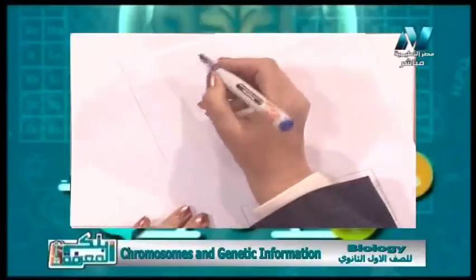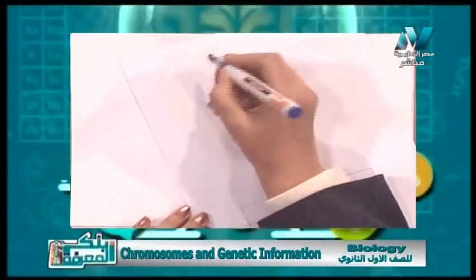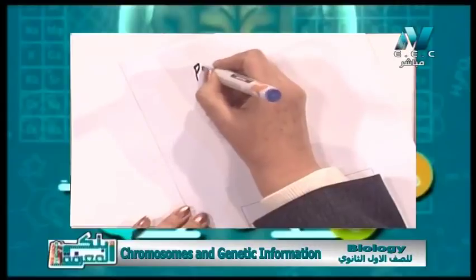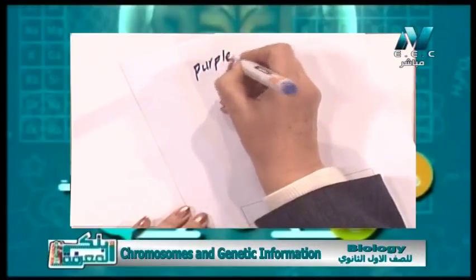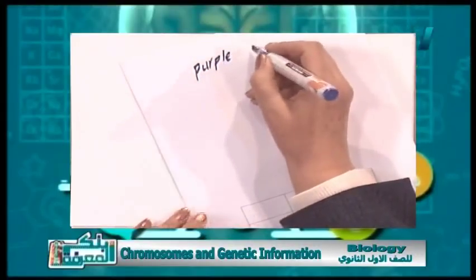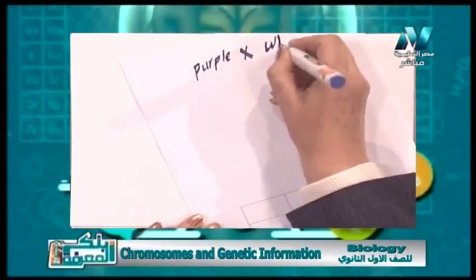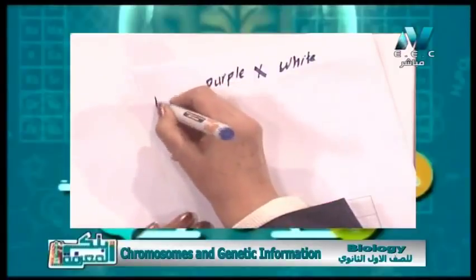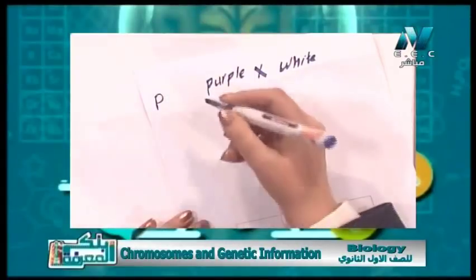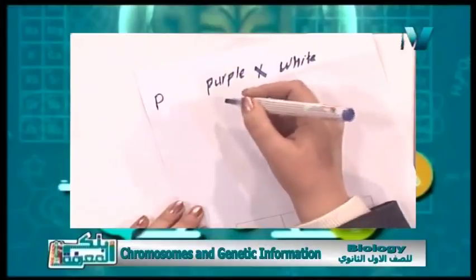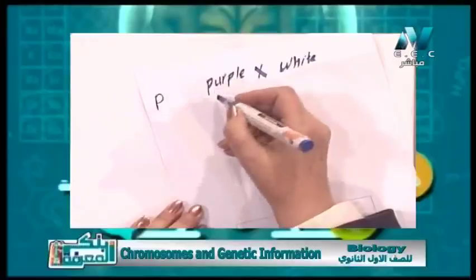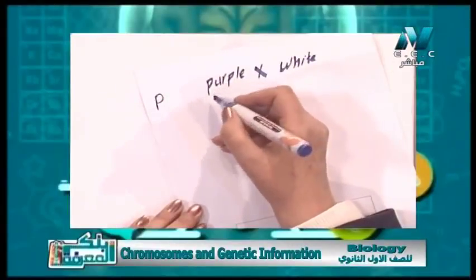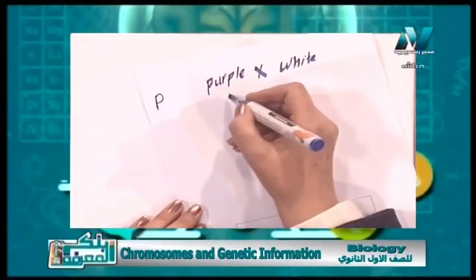He cross-pollinated the purple flowered plants with white flowered plants, and these are the parents. And because each character is represented by 1 pair of genes, for each character we have to think about 2 genes.